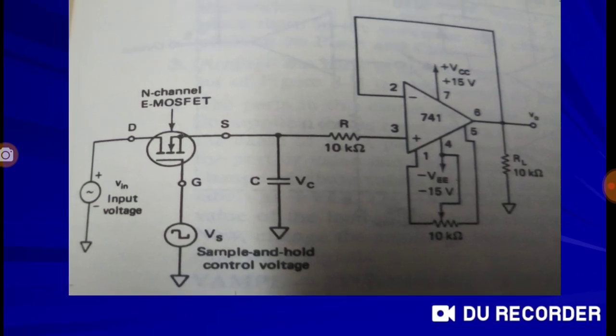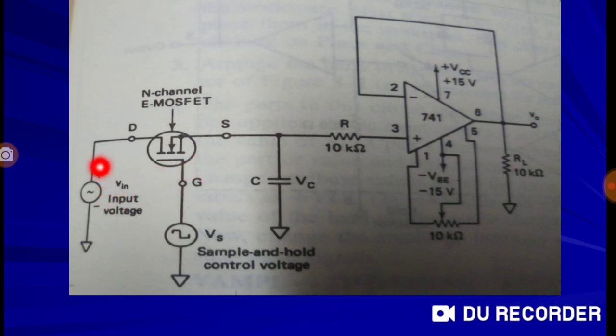Now, the input voltage is applied to the drain of the MOSFET, and the control voltage is applied to the gate of the E MOSFET. What happens is that when the gate has positive voltage, the E MOSFET is conductive, it is in the on state.